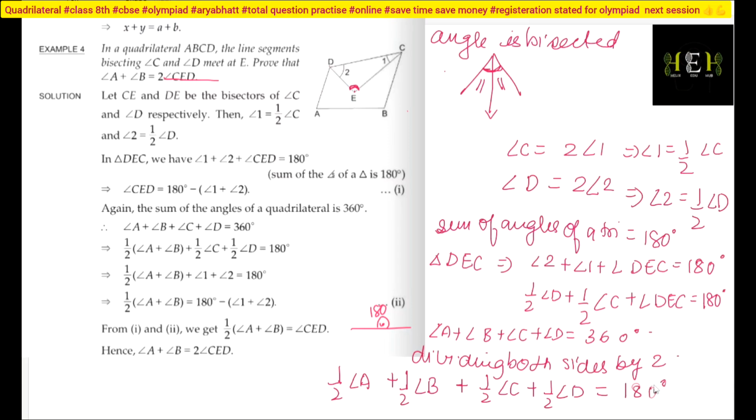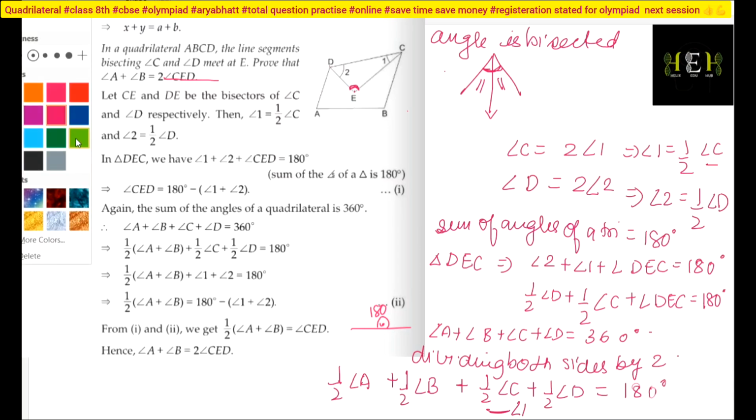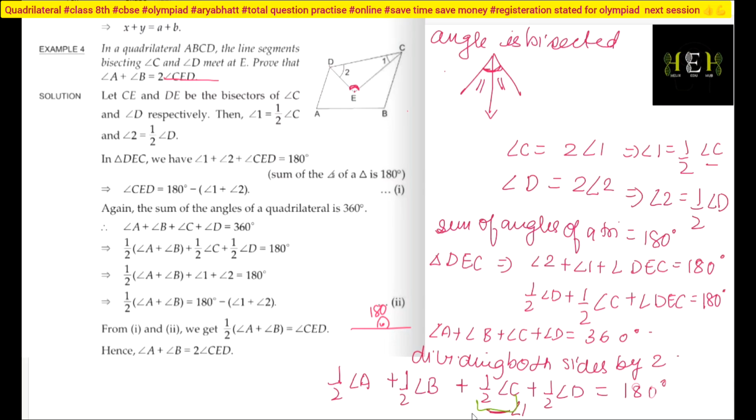Now tell me, this one is equal to angle 1. Let's change the pen. This one is your angle 1, and for D, this one is your angle 2, right? So what can I write? Half of angle A plus angle B plus angle 1 plus angle 2 is equal to 180 degree. Or I can say half of angle A plus angle B is equal to 180 degree minus angle 1 minus angle 2, right?